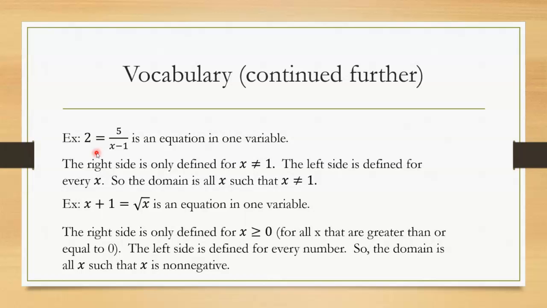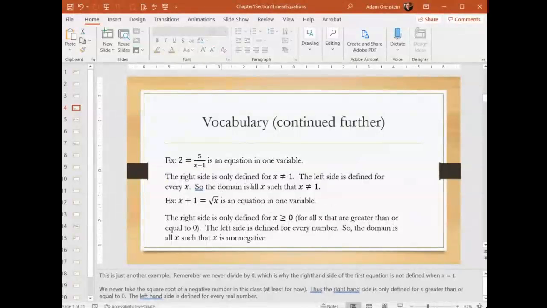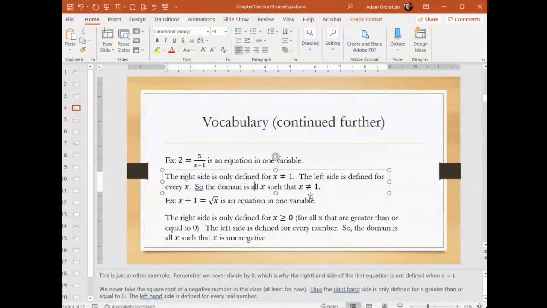Yes? So I'm a little confused on the domain. So like the domain for 2 equals 5 over x minus 1, the domain is x, right? No, it's all numbers except 1. That's maybe the best way to say it. So the domain is every number that's not 1. Exactly, yeah. Okay, thank you. You know what, let me fix that. I mean, what I have here is technically right, but let me write it better.